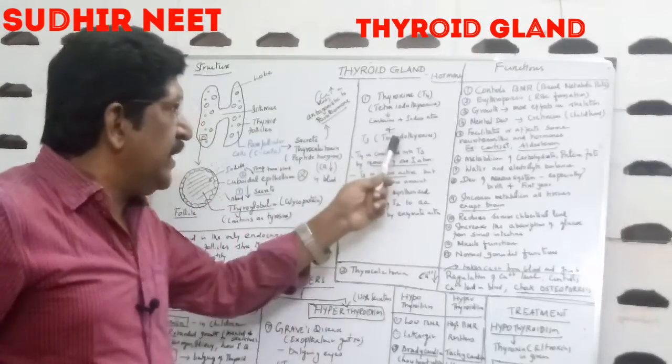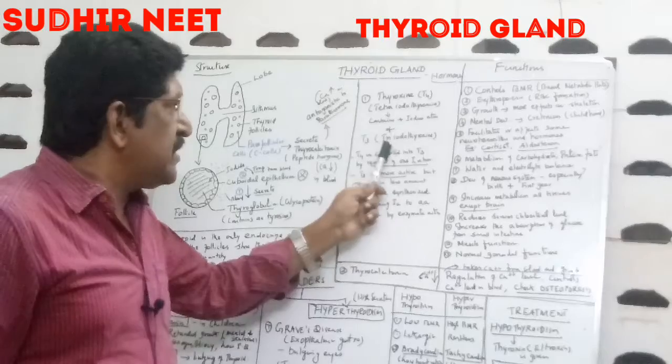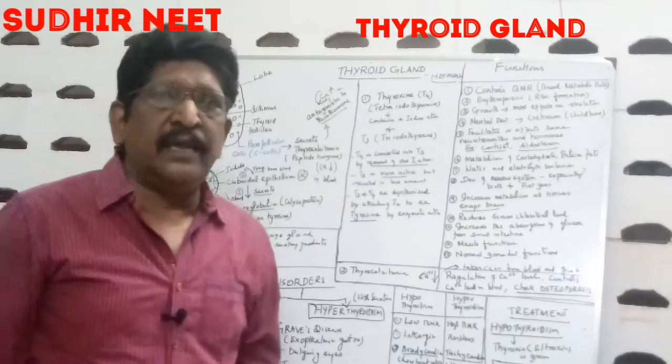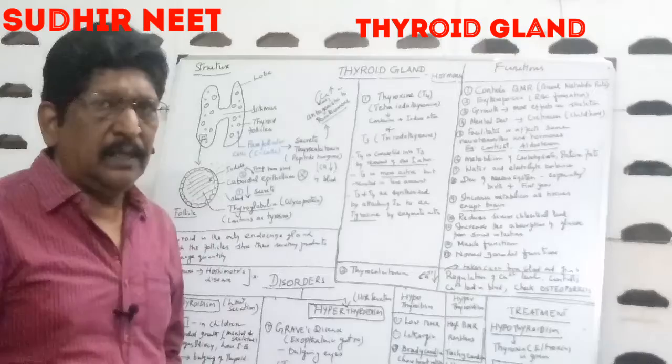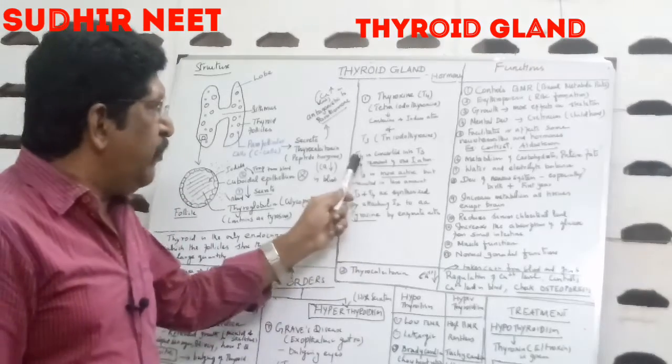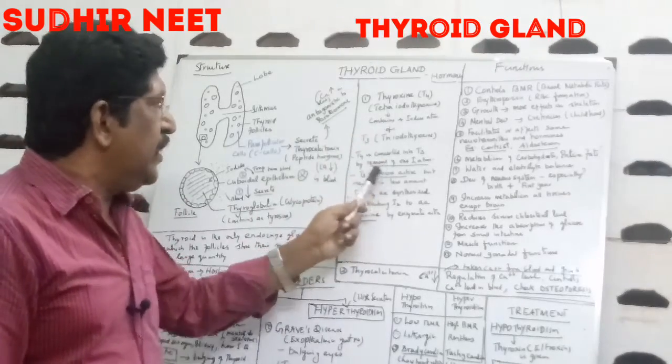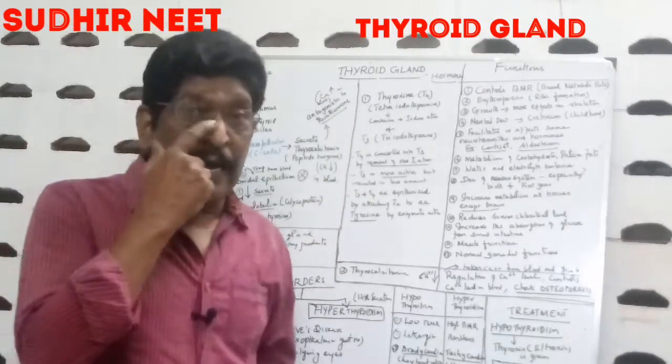And another, T3, is triiodothyronine. It contains 3 iodine atoms. The T4 is converted into T3 by the removal of 1 iodine atom.